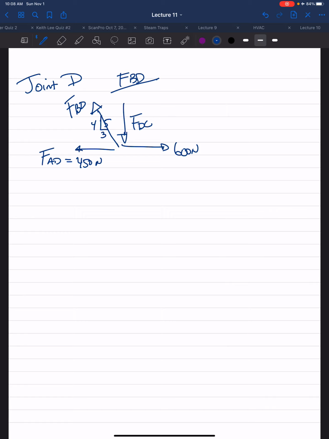So then if we start working here, we have the sum of the forces in the x direction.